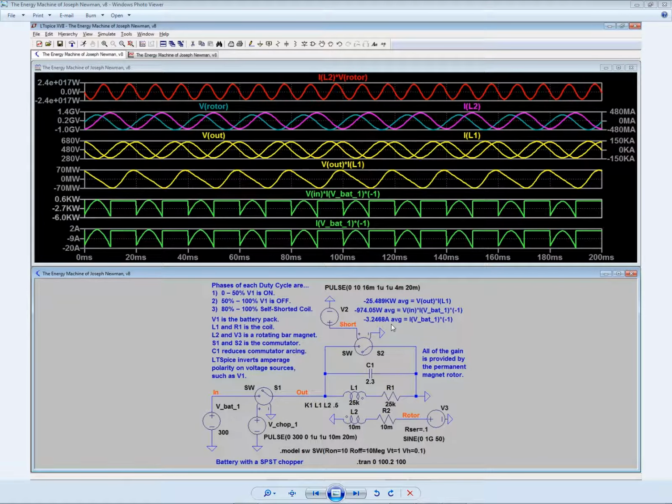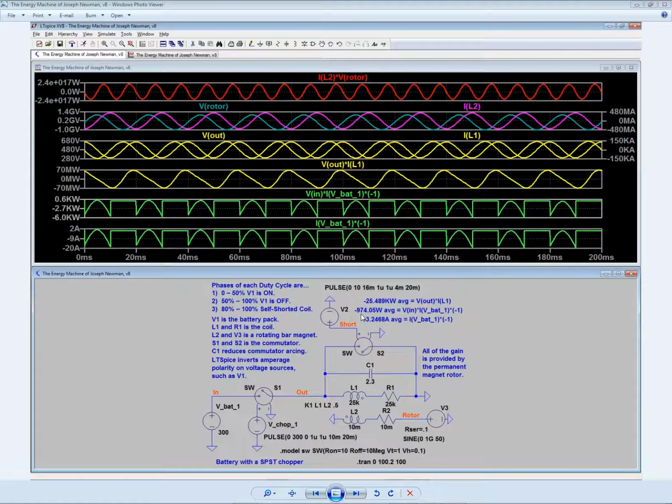So the average amperage among this waveform is negative 3¼ amps. And the average wattage going in, measured at this point, the voltage in along with the current on the battery pack, the combination creates a wattage, and the average wattage is negative 974 watts.